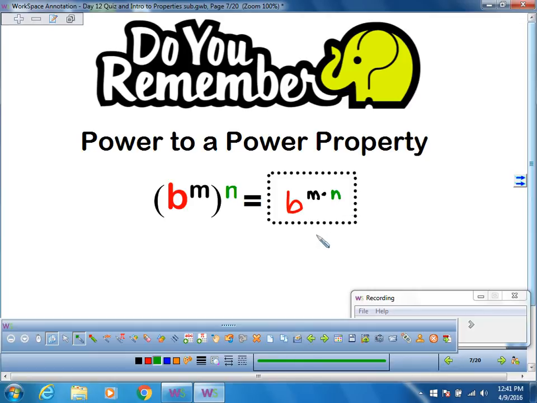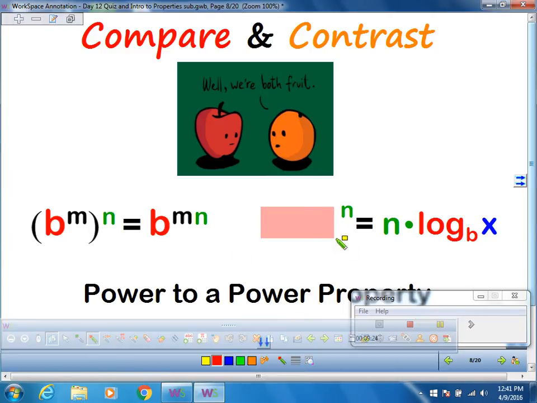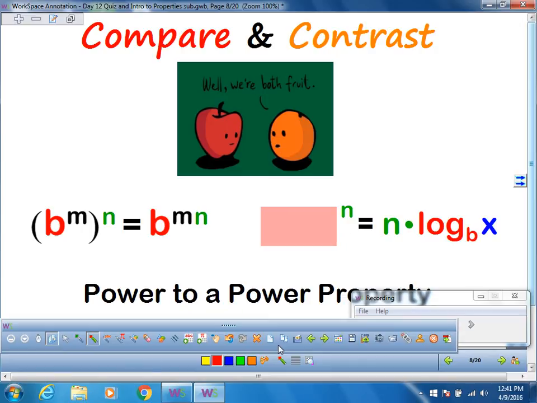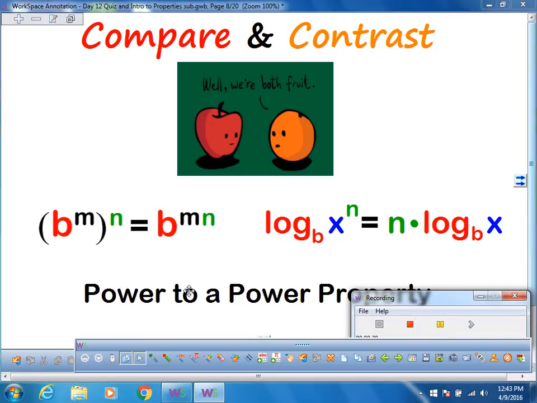So since logarithms are exponents, logarithms share the same properties. Let me just pause this and change this. Let's try this again.